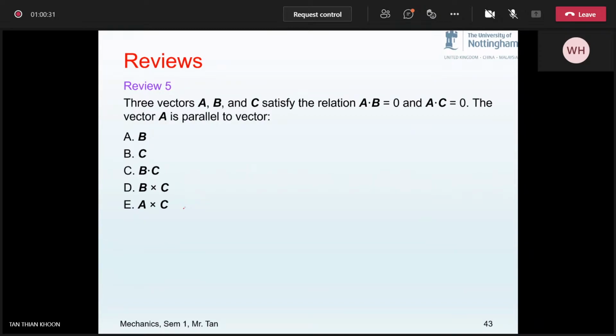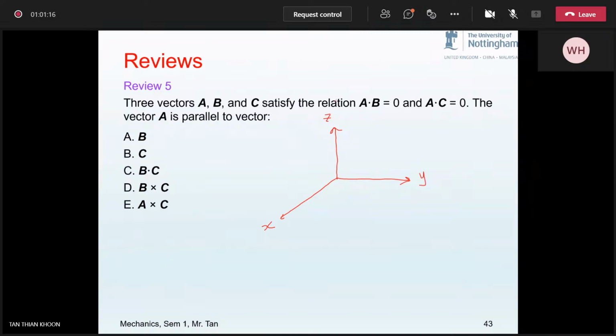B cross C will generate a vector that may be parallel to A. Okay, the answer is correct: A dot B is 0, A dot C is 0. If we have something like this in 3 dimensions, with X, Y, and Z axes, it doesn't matter where A, B, and C are.